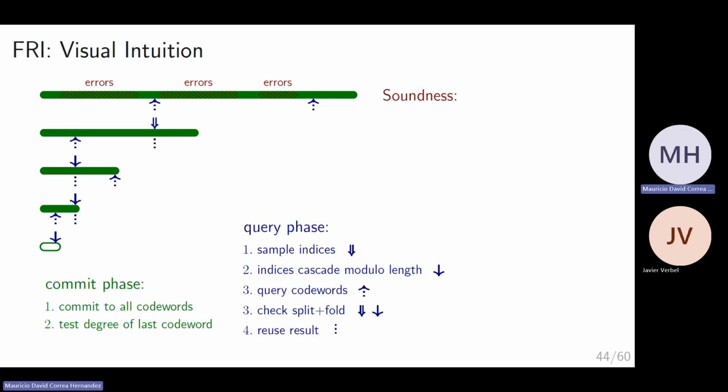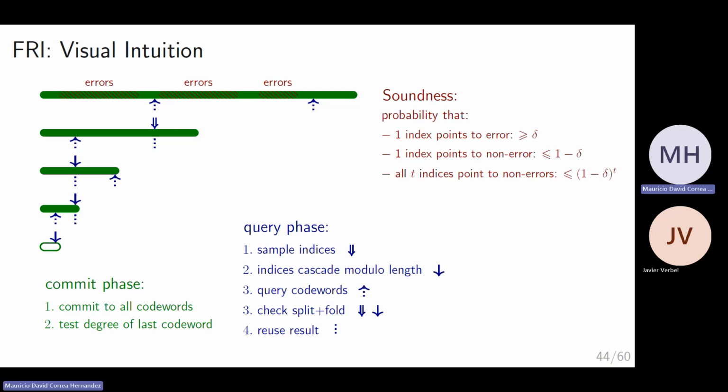And we know, since we are considering vectors that are delta far from the code, that these regions of errors must span a proportion larger than delta. Okay, and we also know that after that many folding steps, the verifier checks the short code word for low agreement. And so, if any one of the blue indices points into one of the regions of errors, that error will percolate down and the verifier will observe it in the final code word.